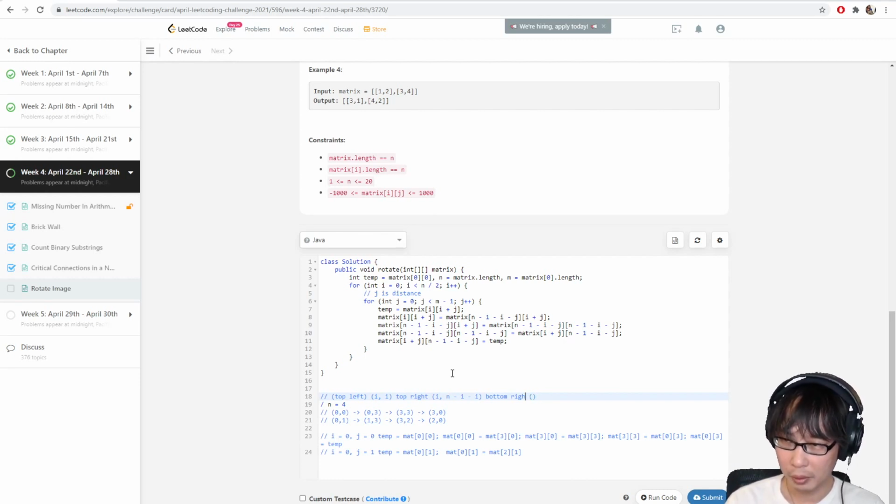Bottom left is, backward, the column is the same, so it's I, right?